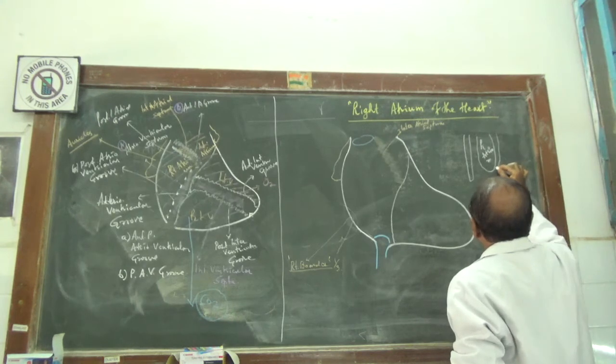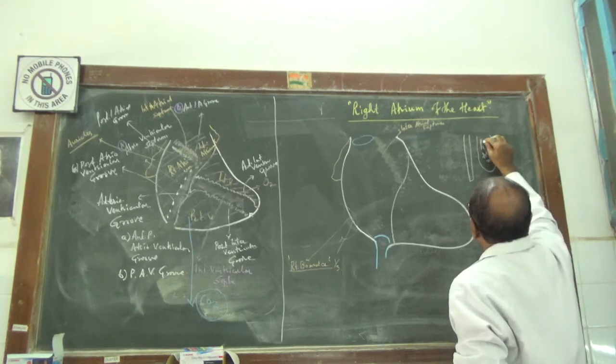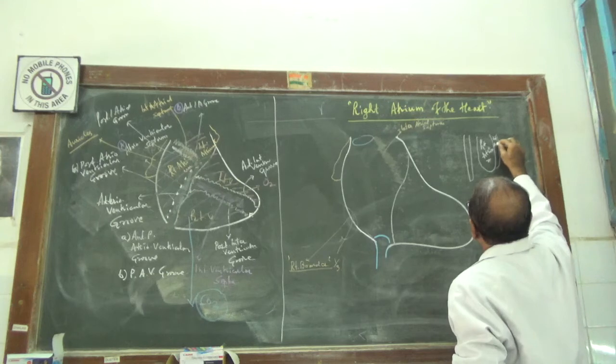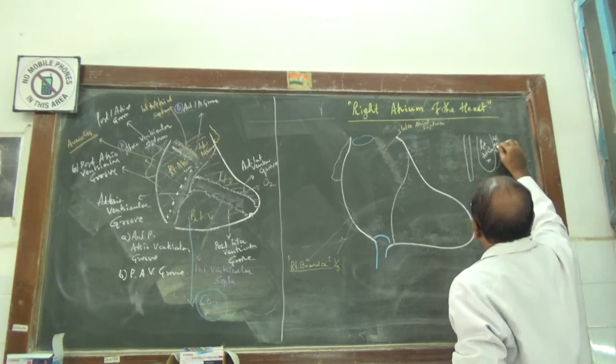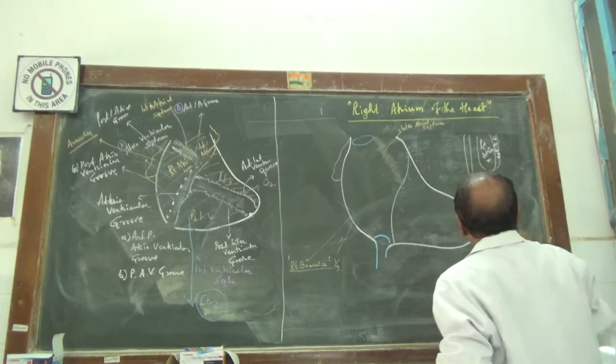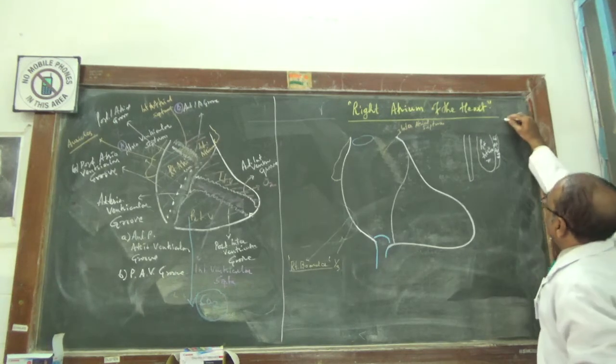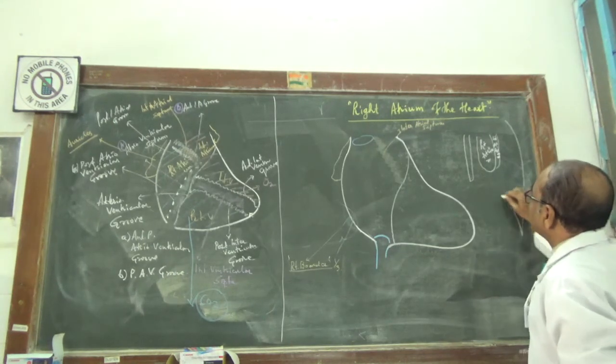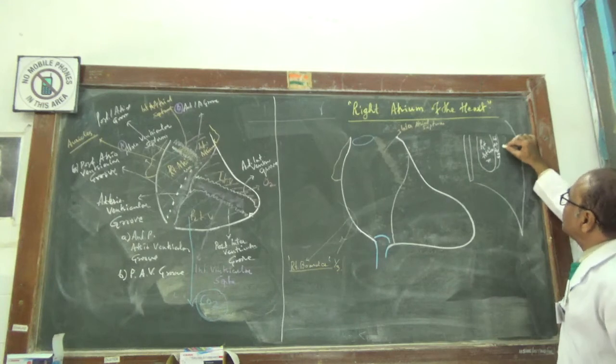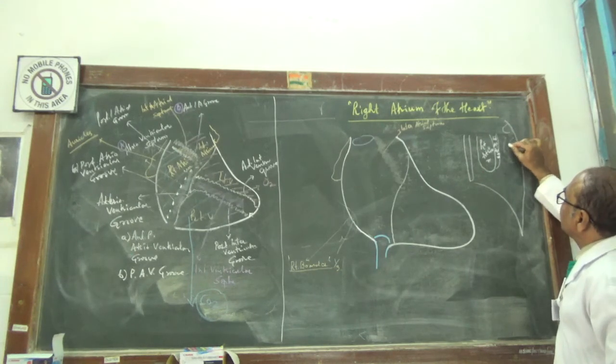So this will be the left atrium. And this will be the remaining part, what you have got, this is the vertebrae.